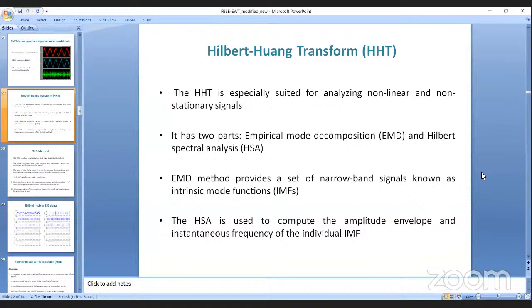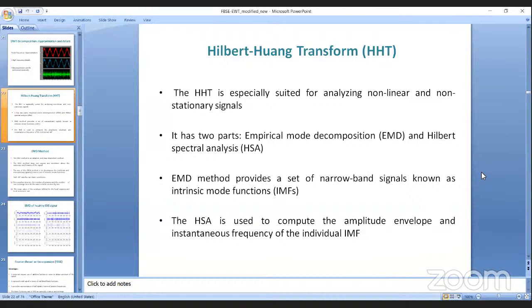This transform is highly suitable for analysis of non-stationary nonlinear signals. It has two parts. One is empirical mode decomposition and the second is the Hilbert transform. Empirical mode decomposition helps us to decompose the signal into simple components known as IMFs, and Hilbert spectral analysis helps us to compute their amplitude envelope and instantaneous frequency.